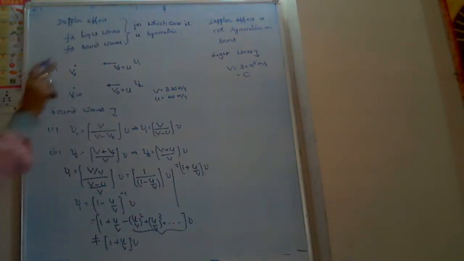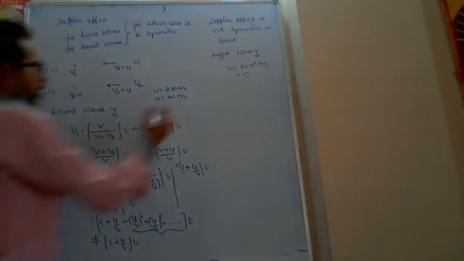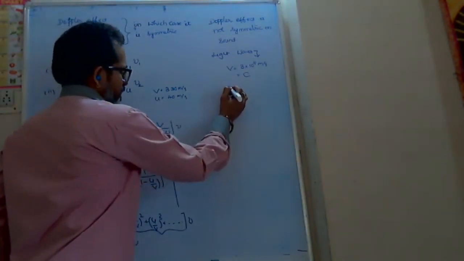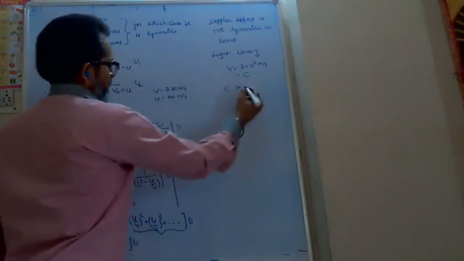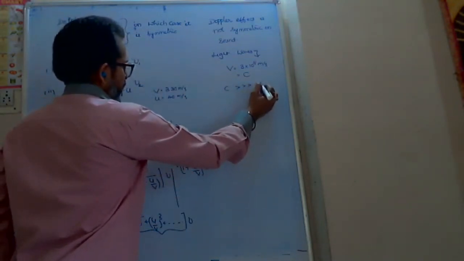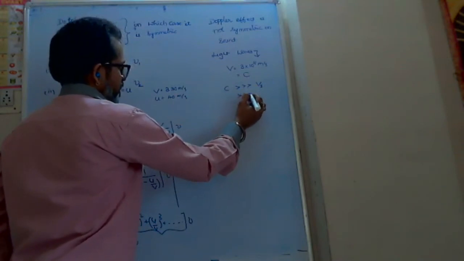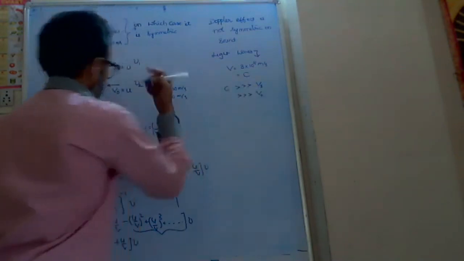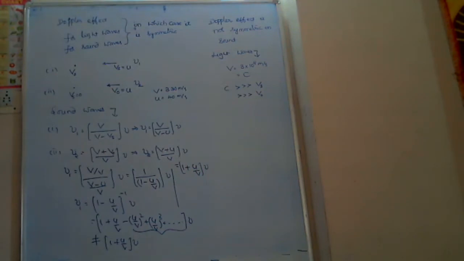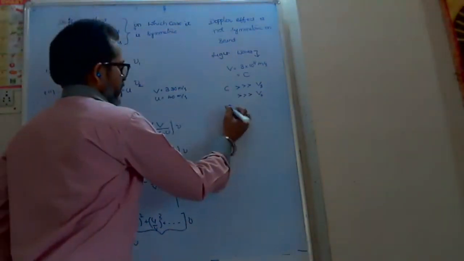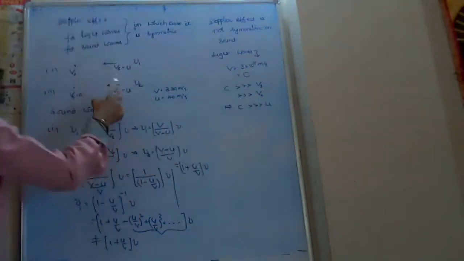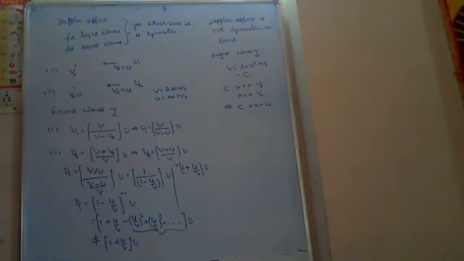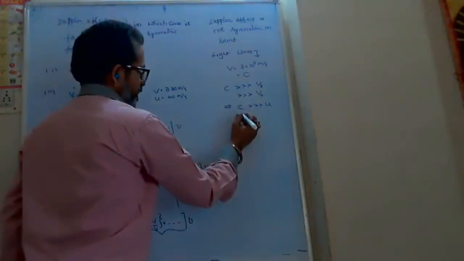That velocity of light is obviously much greater than the velocity of source as well as the velocity of observer in both the cases. Simply I can write C is much greater than U, what I assumed as velocity of source or observer.